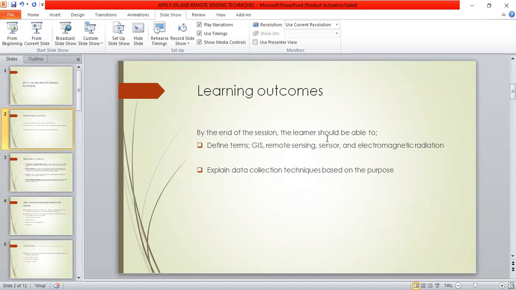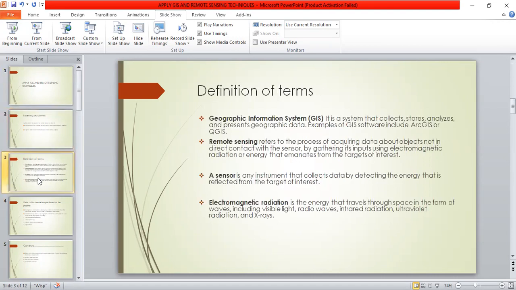By the end of the session, the learner should be able to: one, define terms, that is GIS, remote sensing, sensor, and electromagnetic radiation. The next one is to explain data collection techniques based on the purpose. Thank you, Sharon. That is exactly what we're going to cover today. Right away, let's look at the definition of terms.